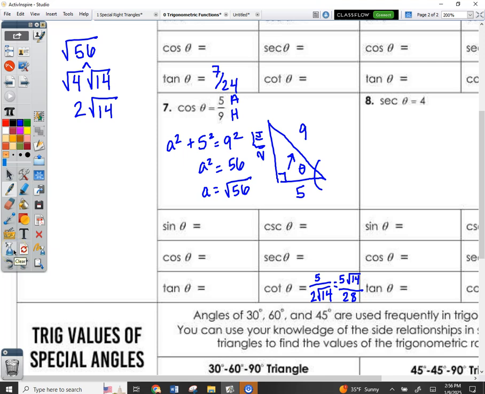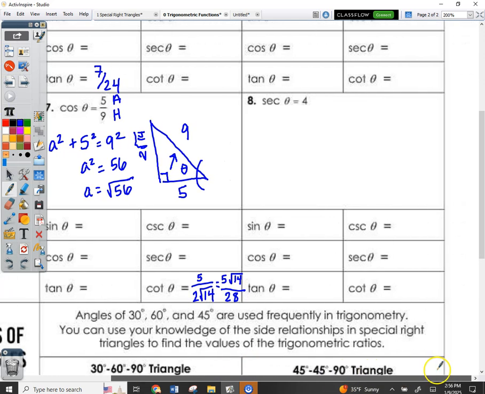When the problem starts, it may not be given to you in a picture. It may be given to you like this, and you have to draw the picture. You see what I mean? But all the skills are still the same. So, yes, pre-cal is challenging, but it's completely doable when you understand I'm still using the same skills I've always learned. It's just now I have ugly answers. Okay? So keep that in mind.